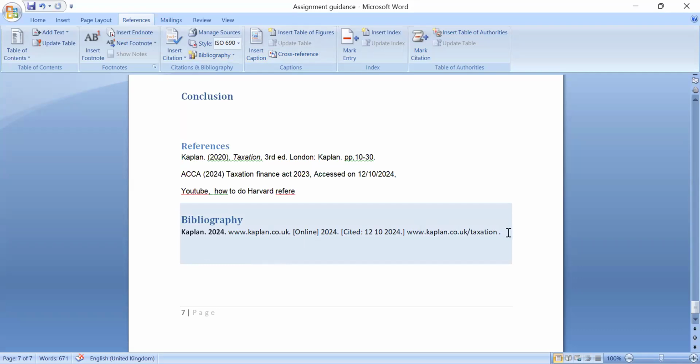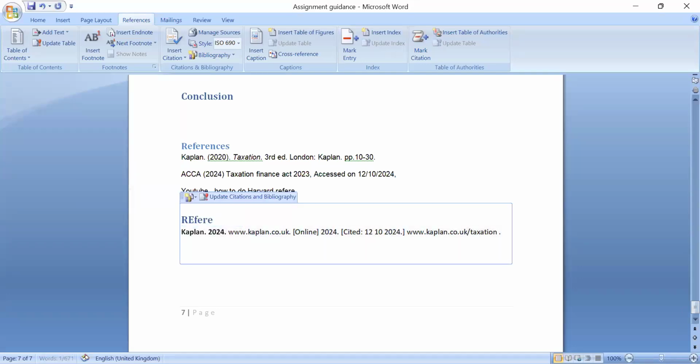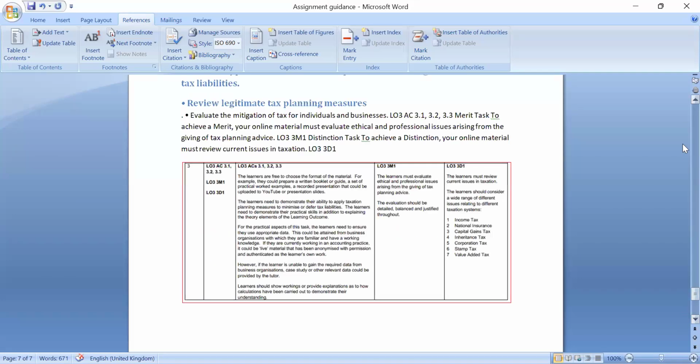It can be cross-referenced in my text, and whoever is reading can see it in the reference button or the bibliography. I can change the heading if you want. So that's the way you can do it.